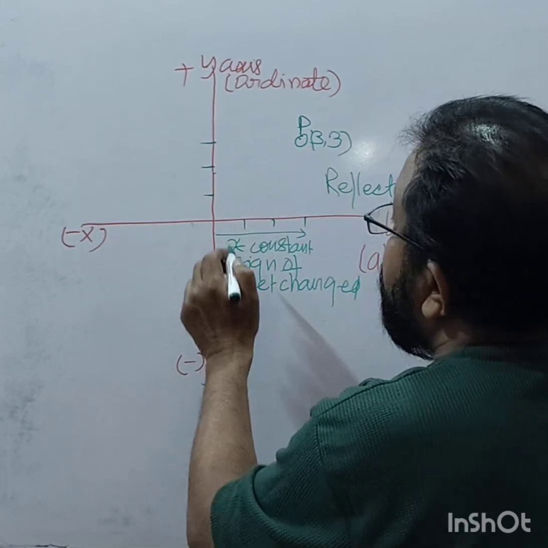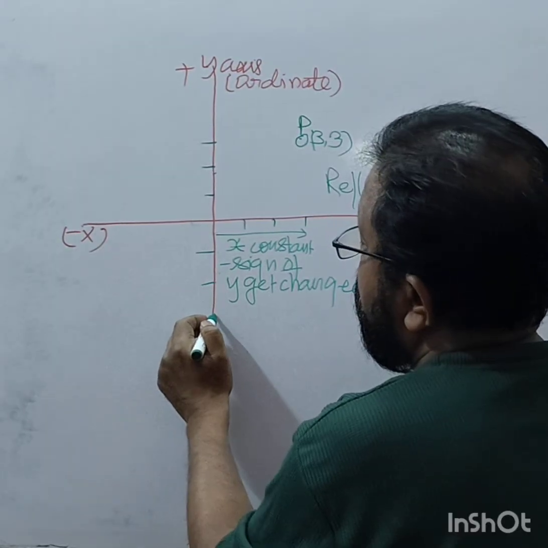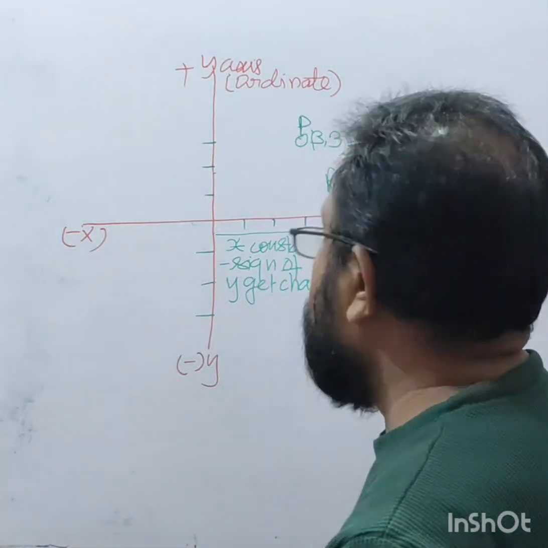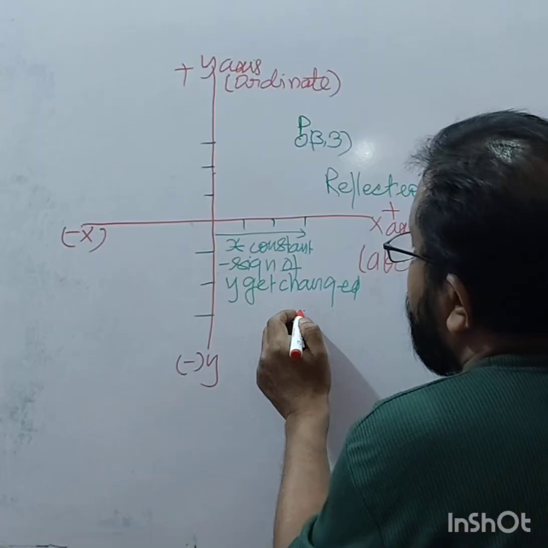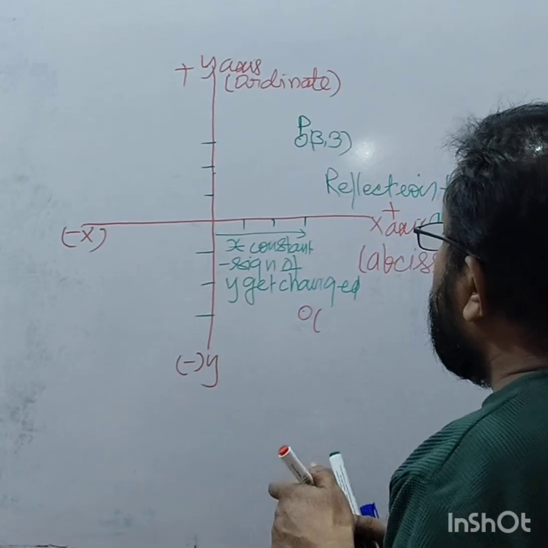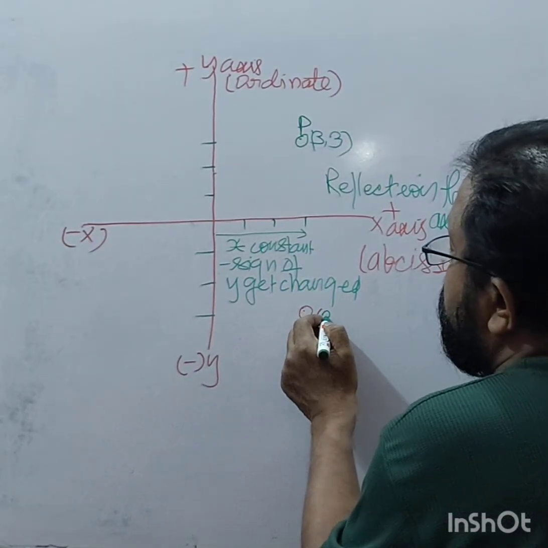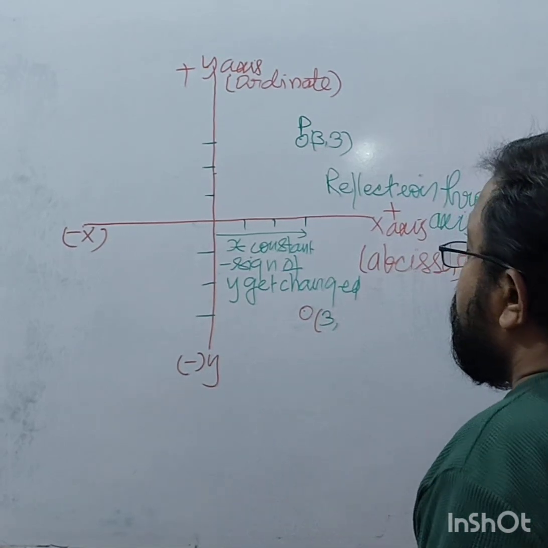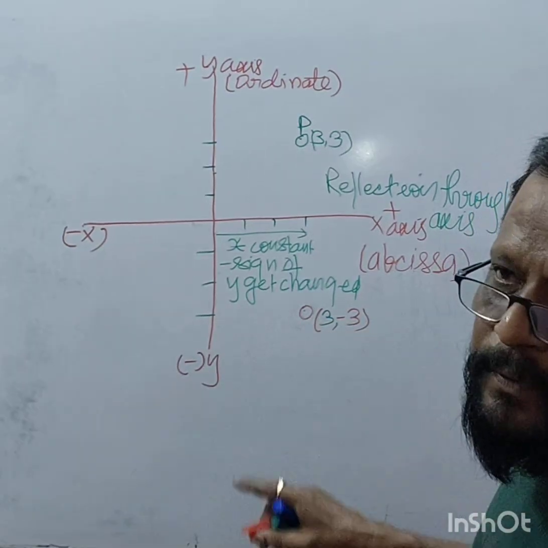So the reflection of this point 3, 3 comes here. It has x constant at 3, but y is -3, right?